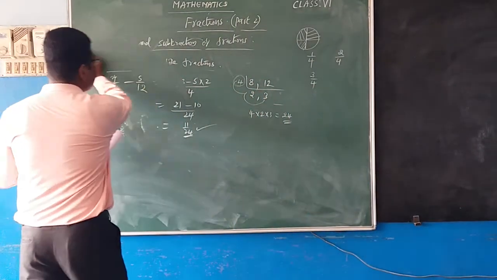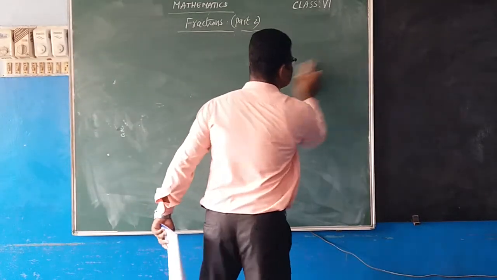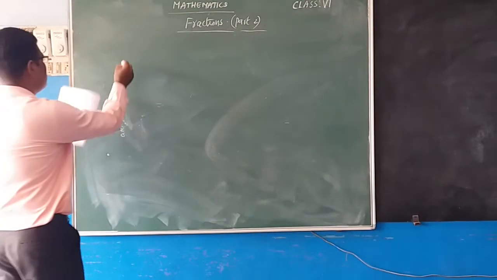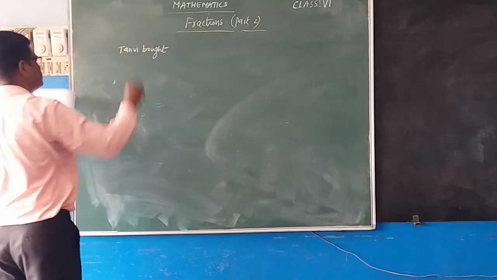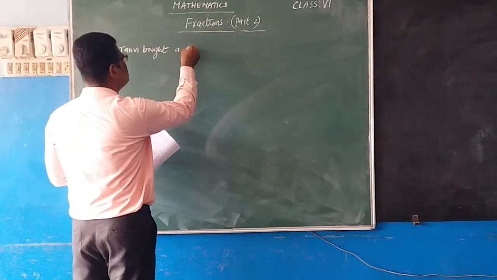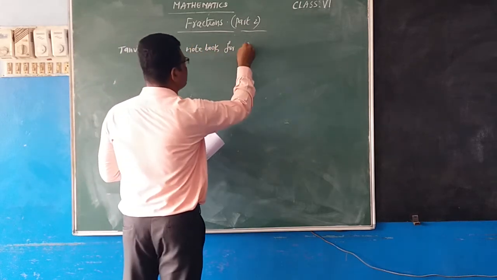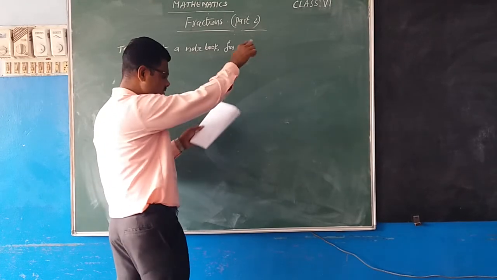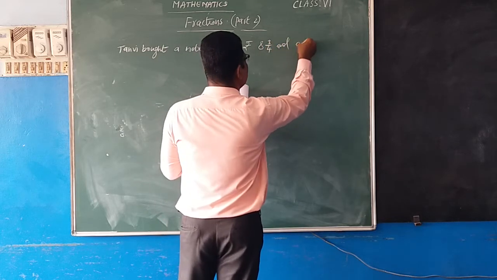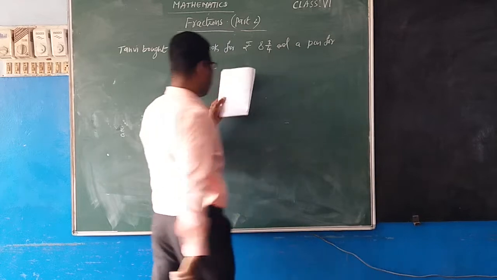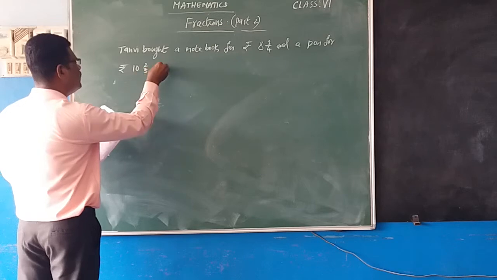Let's see the statement problems related to this. First one: Tanvi bought a notebook for rupees 8 3 by 4 and a pen for rupees 10 2 by 5.